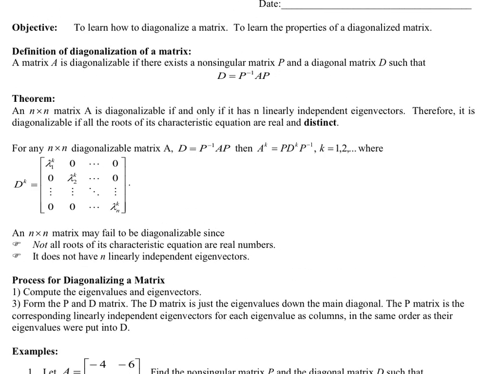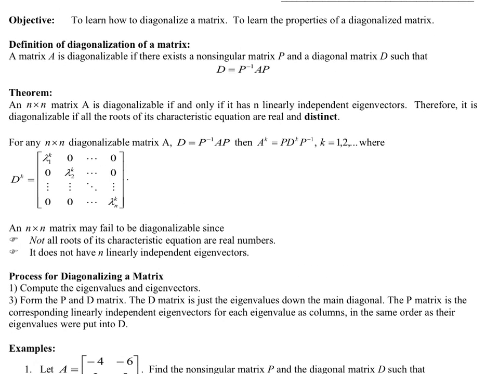All right, so, definition of diagonalization of a matrix. A matrix A is diagonalizable if there exists a non-singular, an invertible matrix P, and a diagonal matrix D such that this relationship applies.